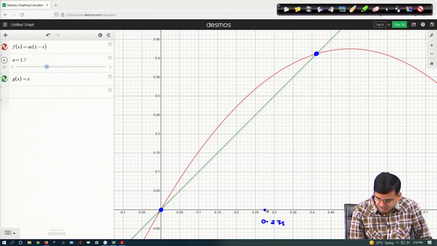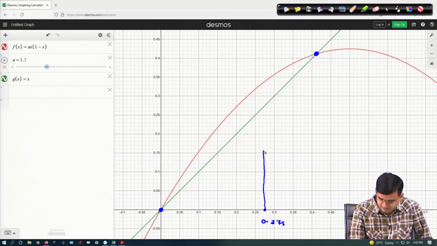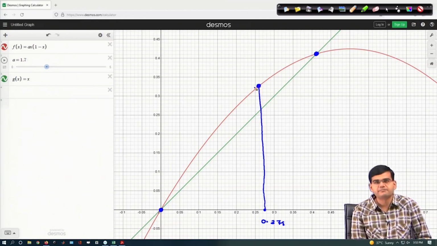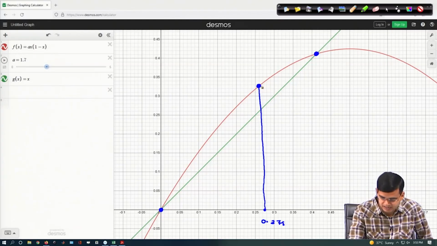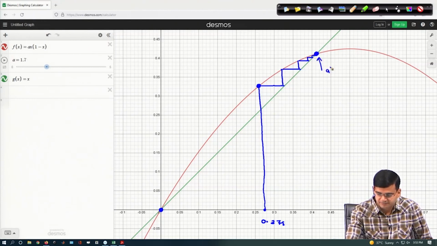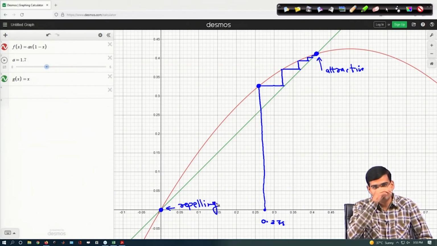When I do this, I will go here on the f of x curve, then I will move like this, and what we saw just now in fact holds true here: this is an attractive fixed point and this therefore is a repelling fixed point.